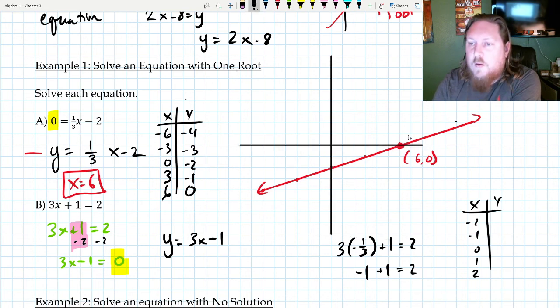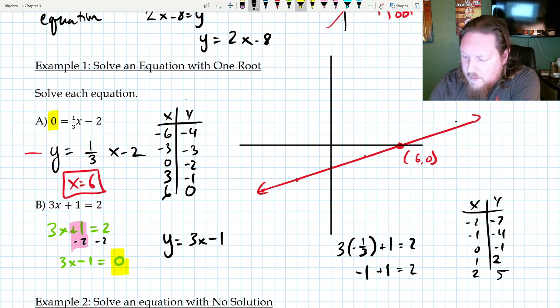All right, now it's back to normal. Let's try it again. Let's plug all those numbers in. Negative 2 times 3 is negative 6. Minus 1 is negative 7. Minus 4. Minus 1. Positive 2. And positive 5. So now I can plot those points in there in green.